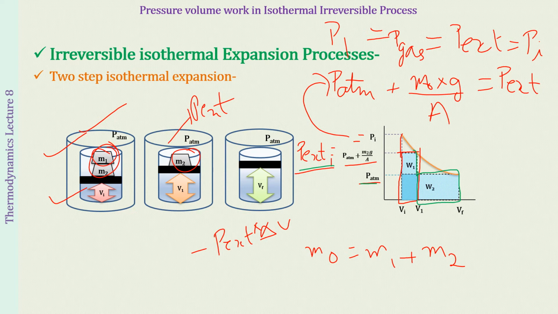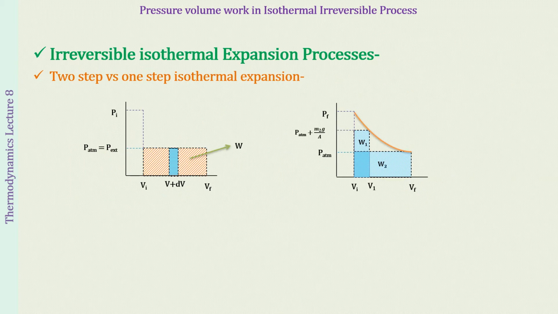Now let us compare the work done in one-step isothermal process and two-step isothermal process. So in this diagram, you can see this is the first one, the one-step process, and this is the two-step process. The PV diagrams are already explained to you. Can you see what is the difference over here?